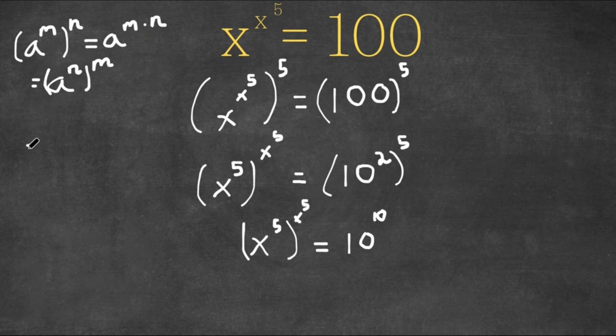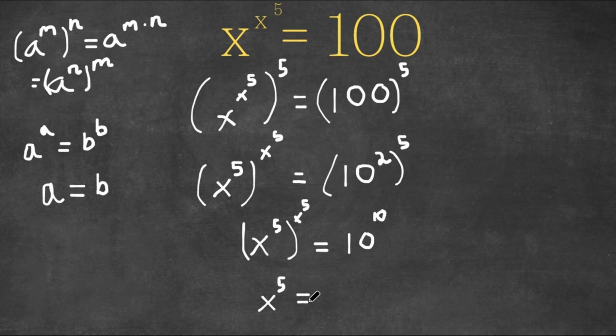Now, if a to the power of a equals b to the power of b, then this means that a is equal to b. So if x to the power of 5 to the power of x to the power of 5 equals 10 to the power of 10, then this means that x to the power of 5 is equal to 10.